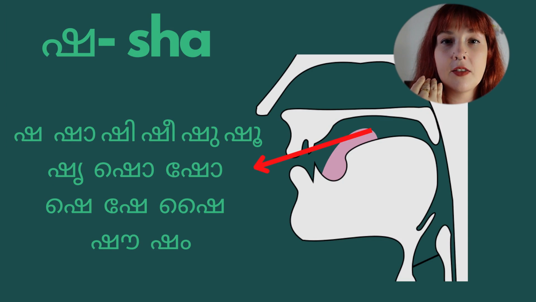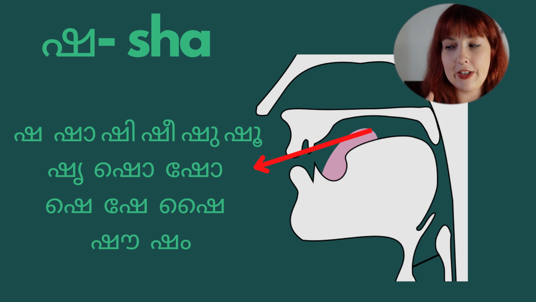So again, tongue back, sha. Just like the same sound in the front, move the tongue back. So let's listen to the difference. Sha, sha, sha, sha. Great.